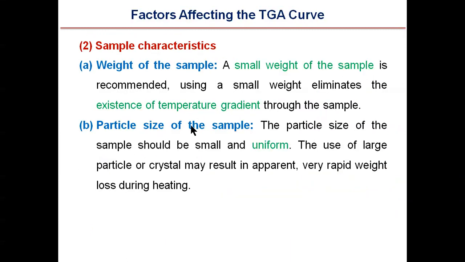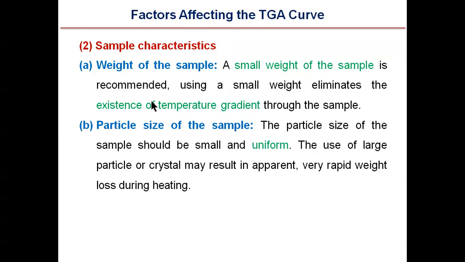Here, the weight of the sample is also affecting. A small weight of the sample is recommended. Using a small weight of the sample eliminates the existence of a temperature gradient through the sample. The particle size should be uniform and smaller. Otherwise, the use of large particles or crystals may result in apparent very rapid weight loss during heating.